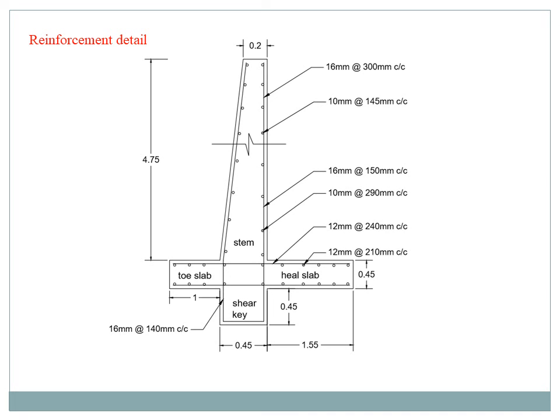Then see the heel slab, our main reinforcement 12 mm dia bar at 240 mm center to center distance. Then our minimum reinforcement is 12 mm dia bar at 210 mm center to center distance. See the shear key, 16 mm dia bar at 140 mm center to center distance. So mark all the values from our previous steps.